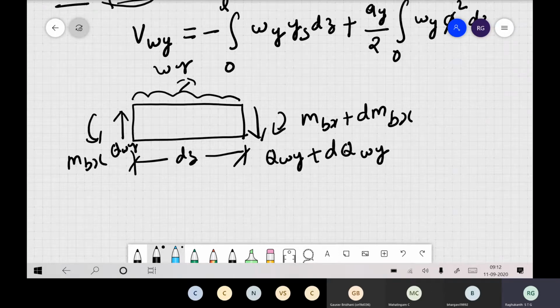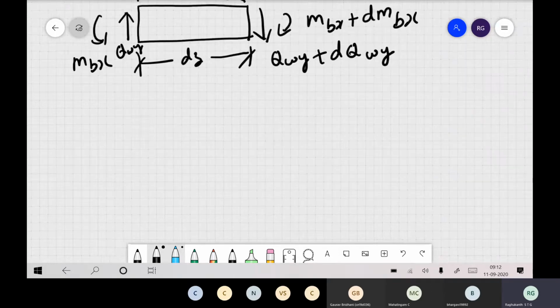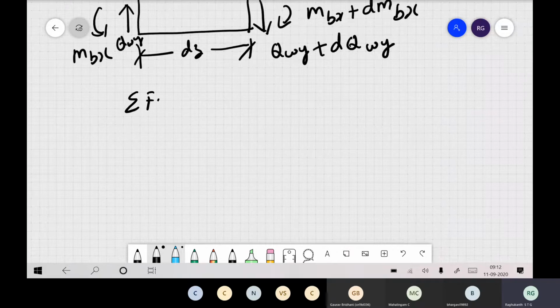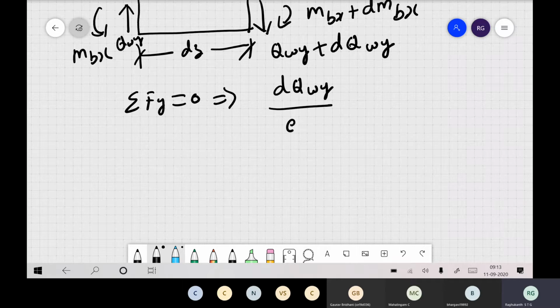You can derive more or less the same: sigma Fy is equal to 0, so automatically you will get dQy by dz, the derivative of shear force, is equal to the load itself, that is a UDL. Then if you take the moment equilibrium, these are standard, MA is equal to 0.